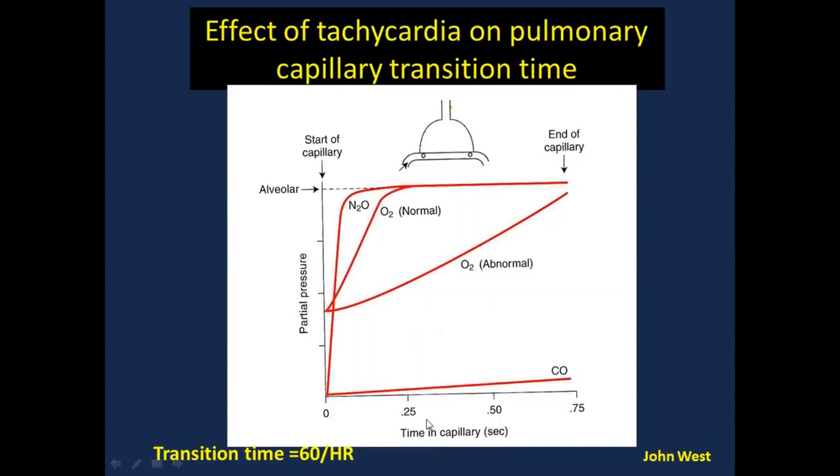If his heart rate is 180, it is 0.3 of a second. If you have 0.3 here, he is not actually getting enough oxygenation. You need longer exposure, longer transit time. So tachycardia is affecting the transit time during oxygenation in the alveoli.